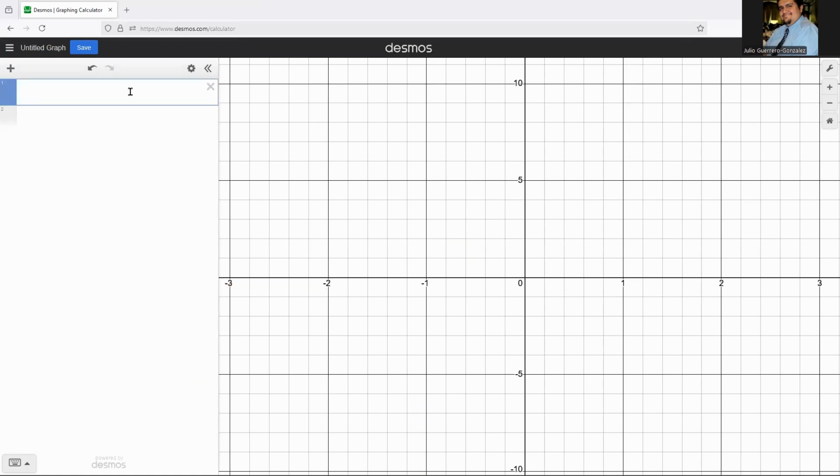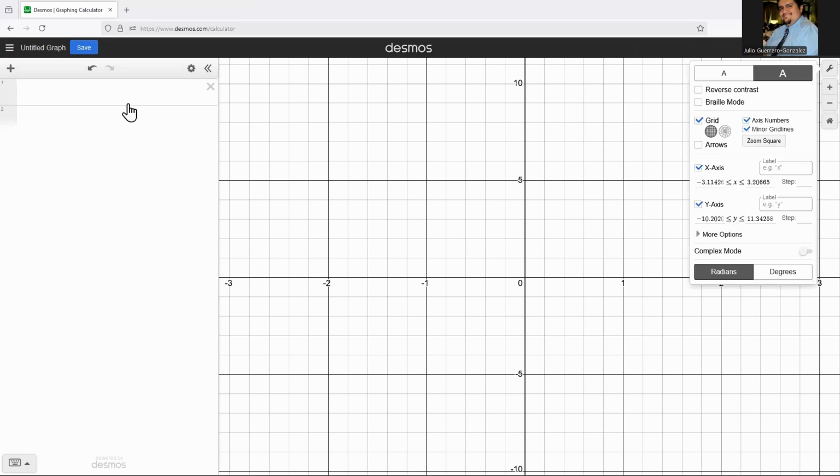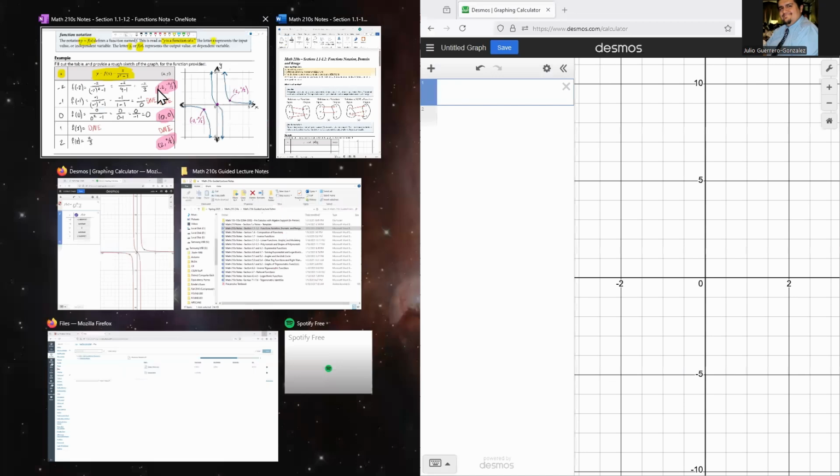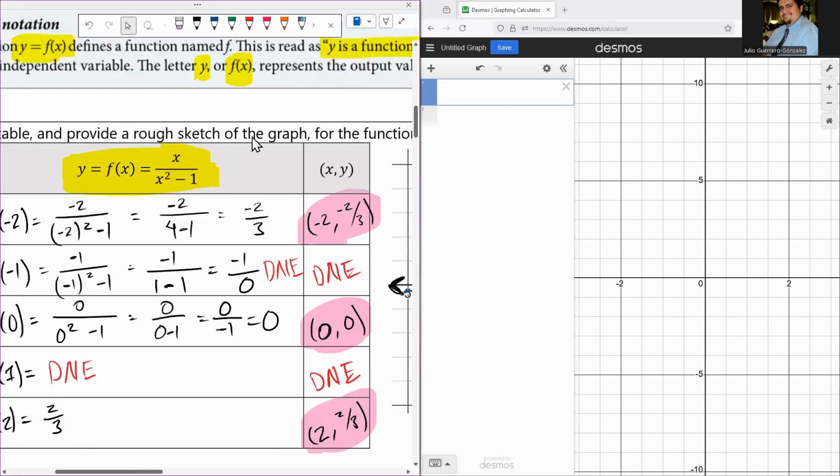So what I'm going to do, and this is why I like Desmos so much, it's already set up. I'm going to do a double screen. I want to graph that f of x value.